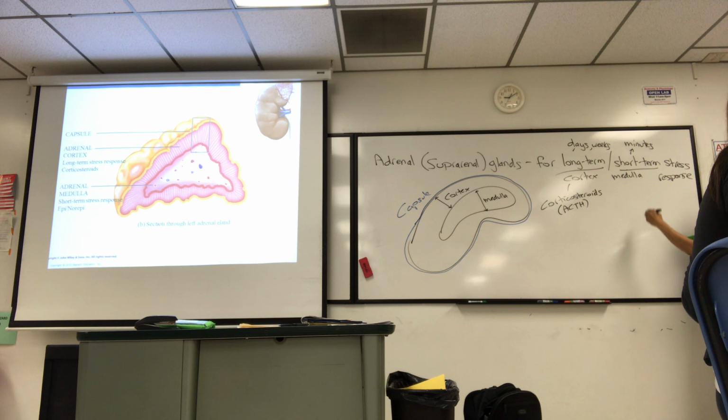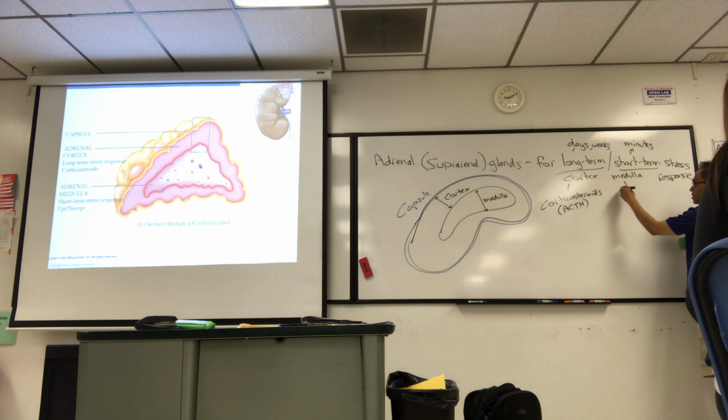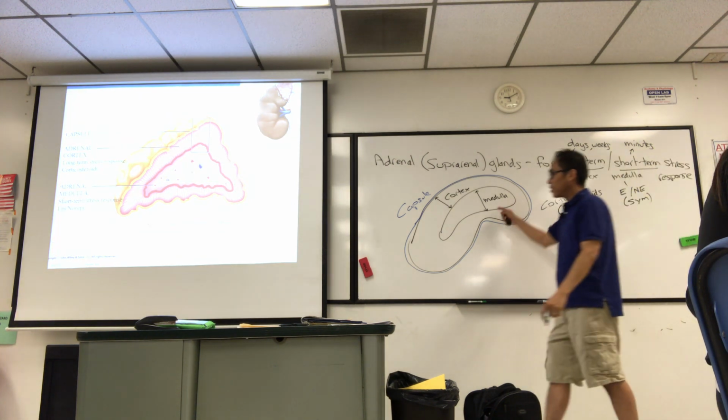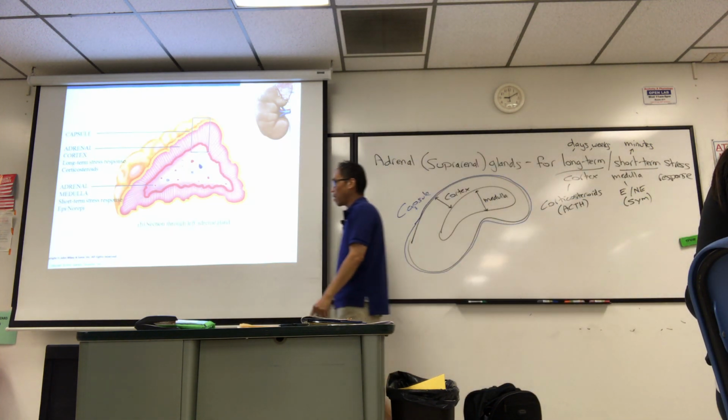And for the medulla, I said the stimulation was neural. What they secrete are your catecholamines, epi-norepi. I'll just say E-N-E for short. And I said it's under sympathetic control, a neural stimulation, is what we talked about last time. So I'll put SYM to remind you of that. Okay, so that's the anatomy of the gland, how it associates with the physiology there.